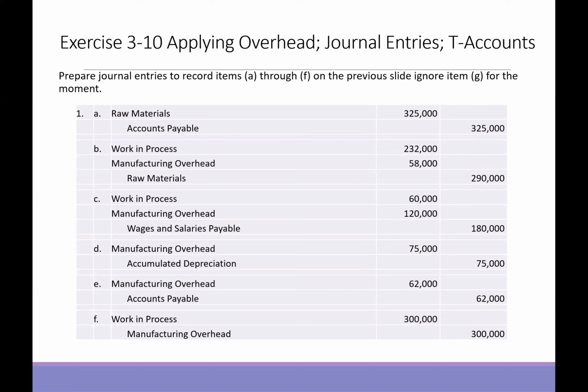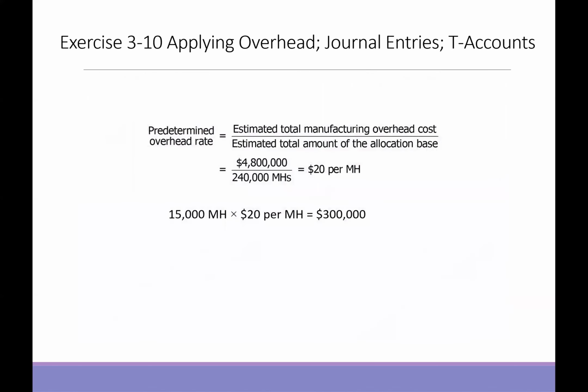This is applying our manufacturing overhead, credit manufacturing overhead. Okay. Again, how do we determine that overhead rate? 4,800,000 divided by our estimated machine hours comes up with our estimated machine hour predetermined rate, and we multiply that times the actual hours.